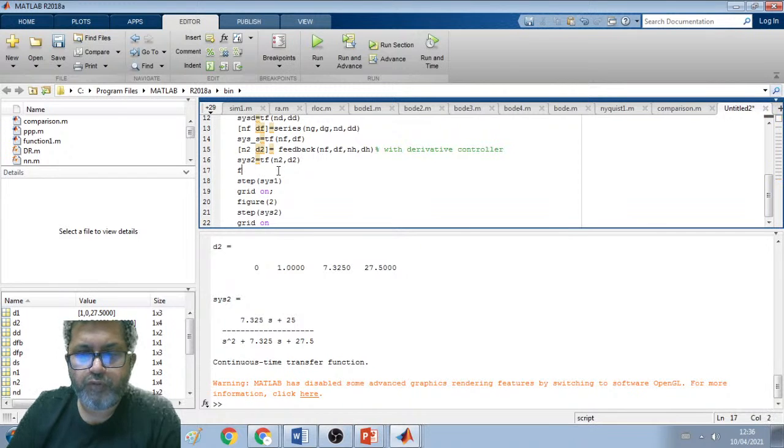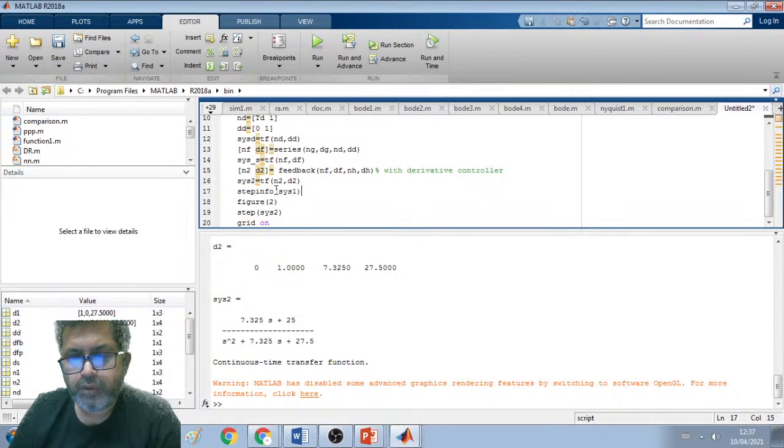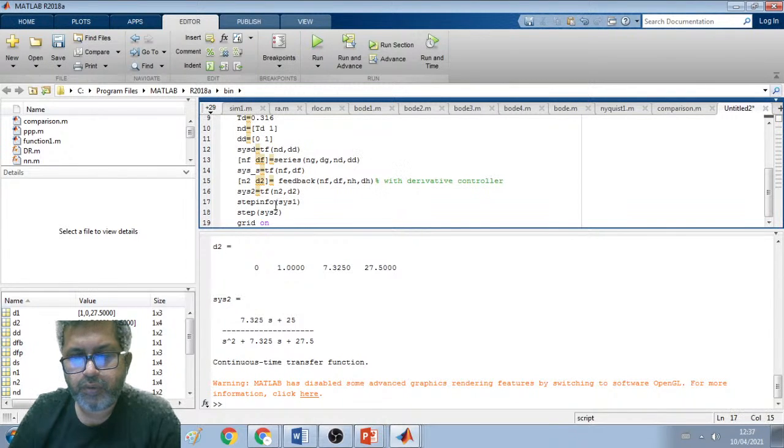This step info will not give us a figure, so I will say step info, no grid on, because there is no figure. Step info, no grid on.